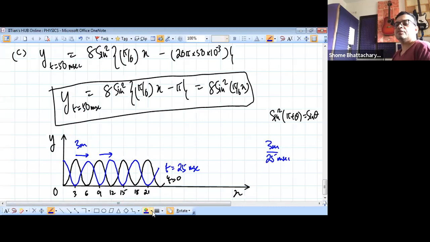Now, by the time we are coming to 50 milliseconds, you will see that it's back to the original graph, which means that it's something like this. Again, you are back to this graph, which means that actually this peak has shifted here. This peak has shifted here.